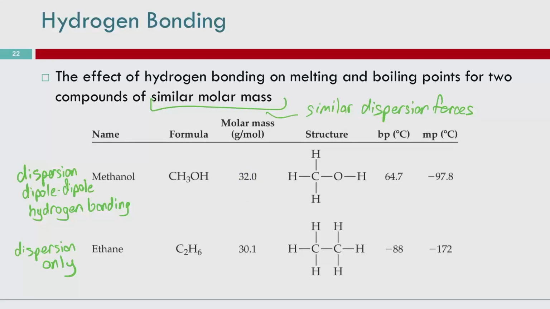If we look at the boiling and melting points now, our boiling point for ethane was minus 88 degrees Celsius. Again, you're going to freeze, you're probably going to die, unless you've got very specialized equipment. And methanol's boiling point is 64.7 degrees Celsius. That's super hot. You would also probably die, but for it being too hot.